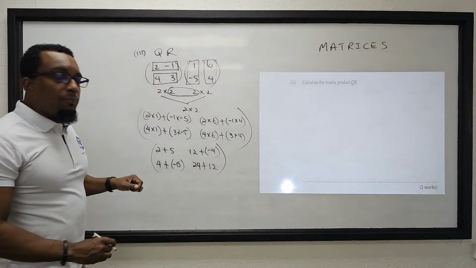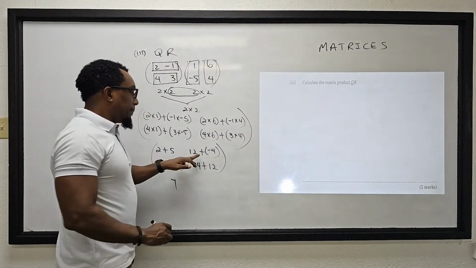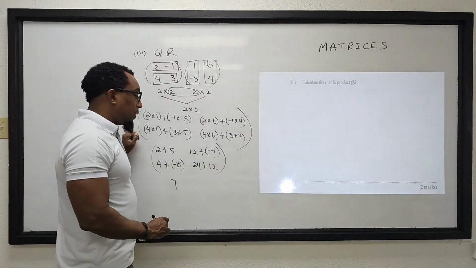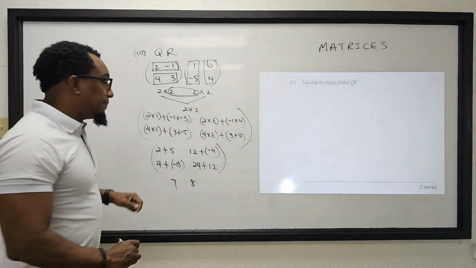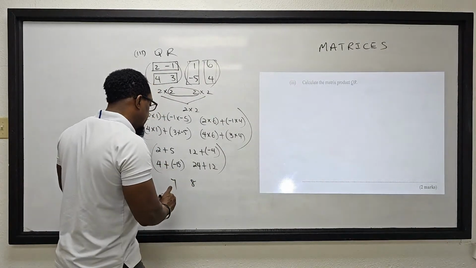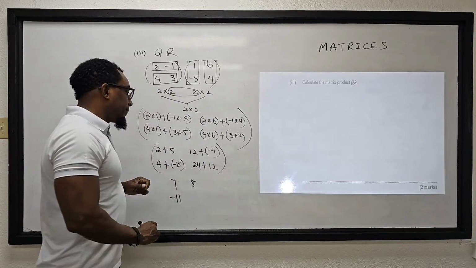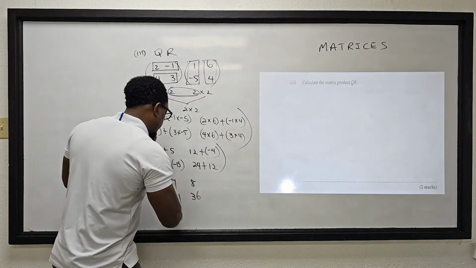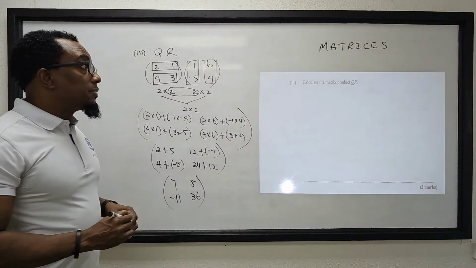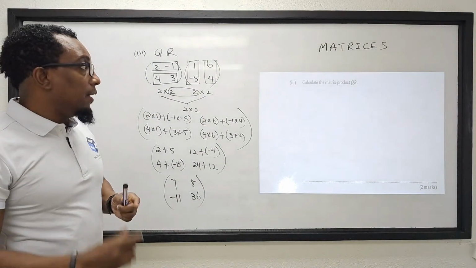When we simplify that, we get 7, 8, negative 11, and 24 plus 12 will give us 36. So that is our result in the matrix product QR.